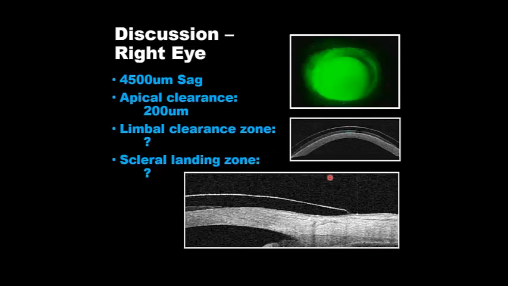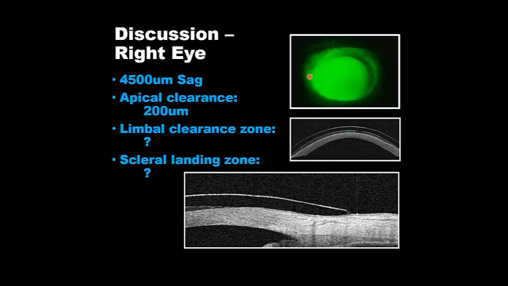So just as a bit of a test, let's presume we put on this lens and it was a 4,500 micron on a keratoconic patient. We measured the apical clearance to be around 200 microns after an hour of settling. So the lens hasn't completely settled in, and we see some thinning on the nasal side, superior as well, the same thing we expect to see on most eyes, where we get this arcuate nasal superior thinning.